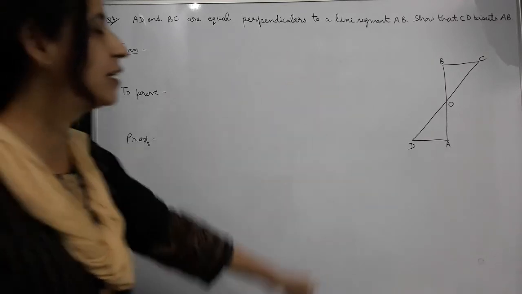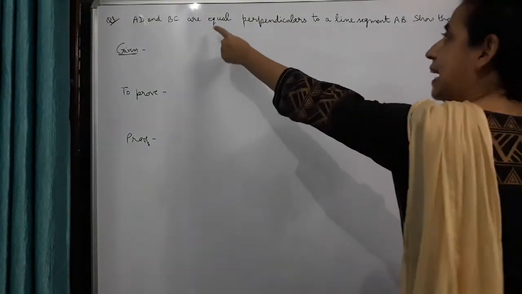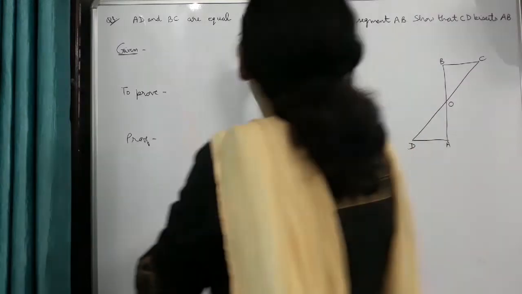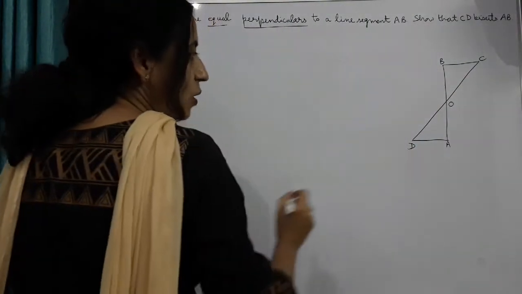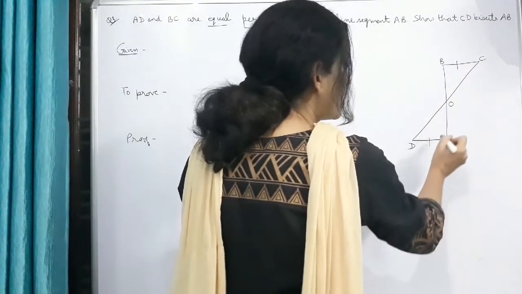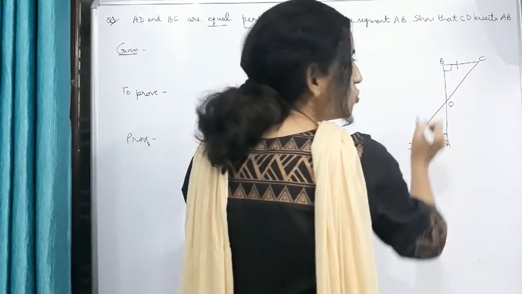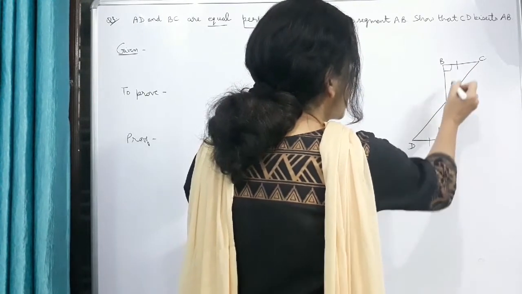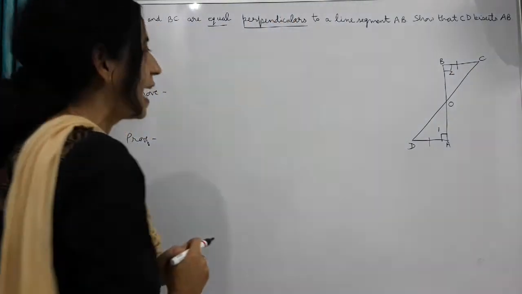Now draw the figure. Over here, two things are given to us. AD and BC are equal and they are perpendicular also. So AD is equal to BC is given to us, and this angle is also given to us as 90 degrees, that is angle 1 and angle 2 are of measure 90 degrees.